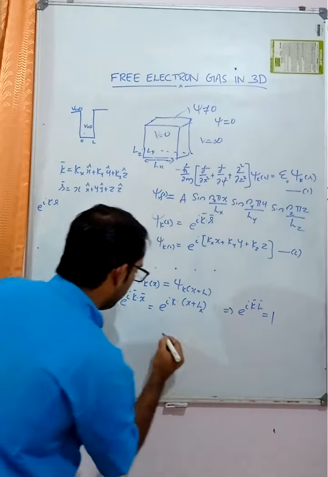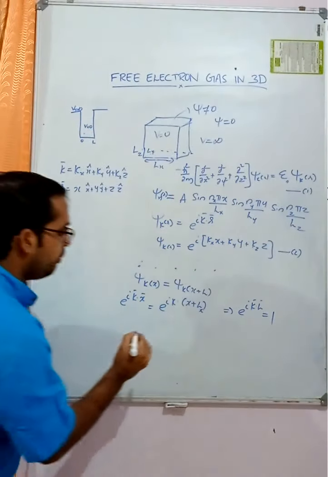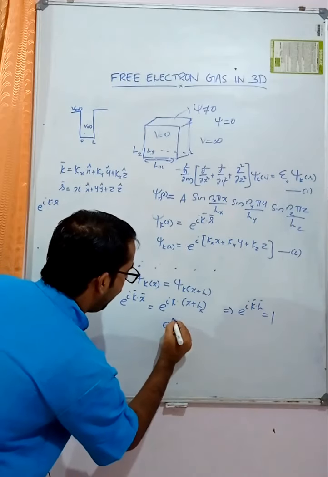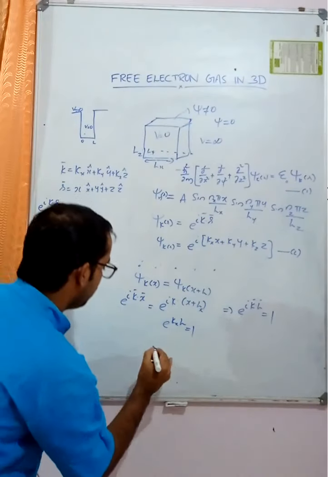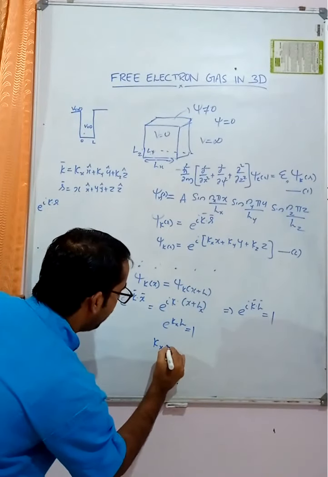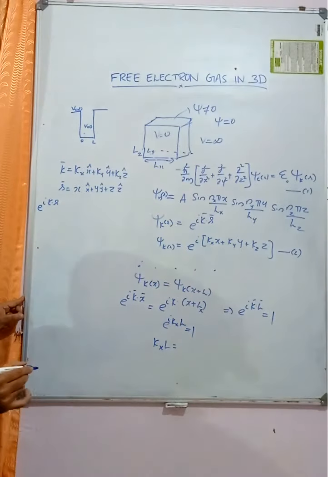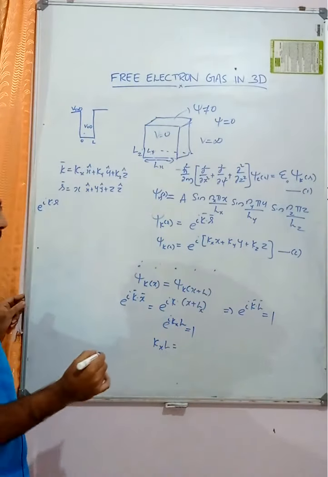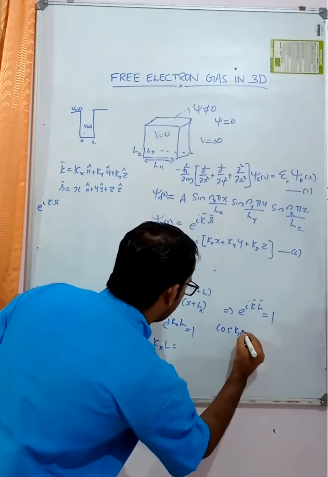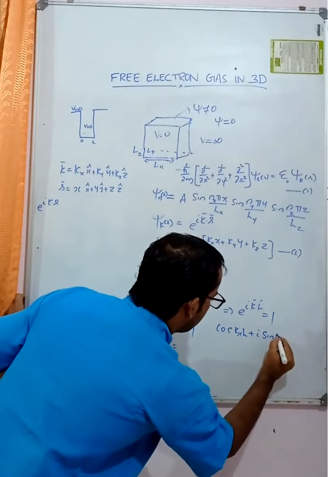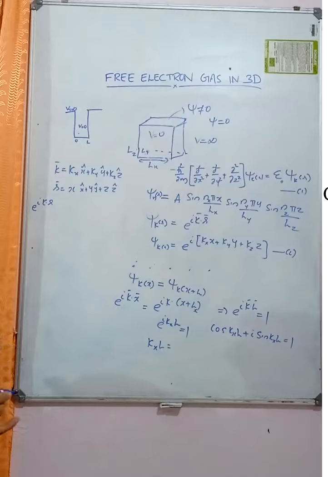Since we are considering only the x dimension along the wave vector also, e raised to i kx L should be 1. So what will be kxL? e raised to i theta is cos theta plus i sin theta, that is cos kxL plus i sin kxL is equal to 1.